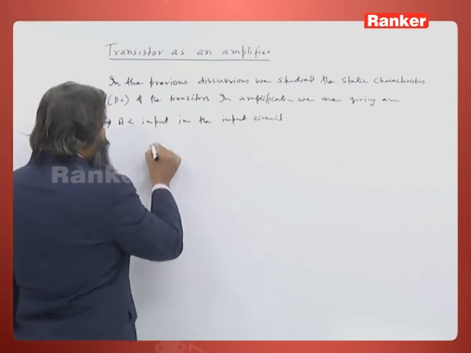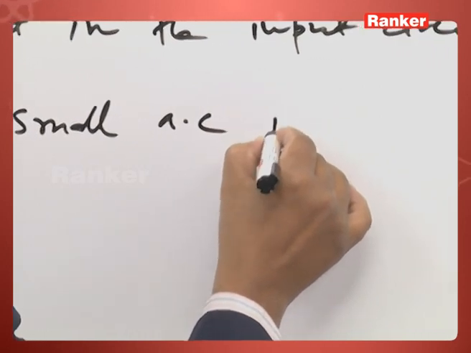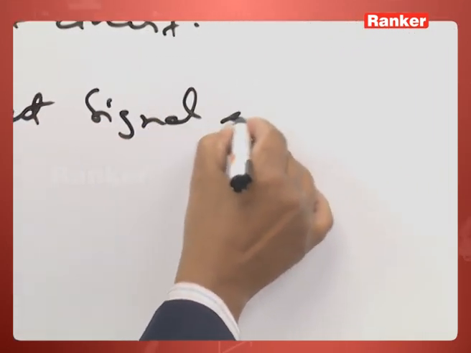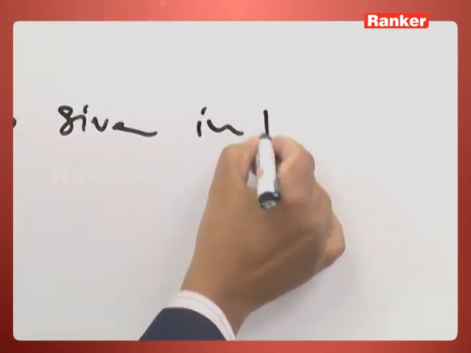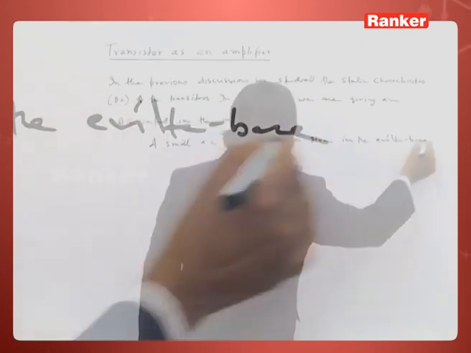Now, a small AC input signal is given in the emitter base side.